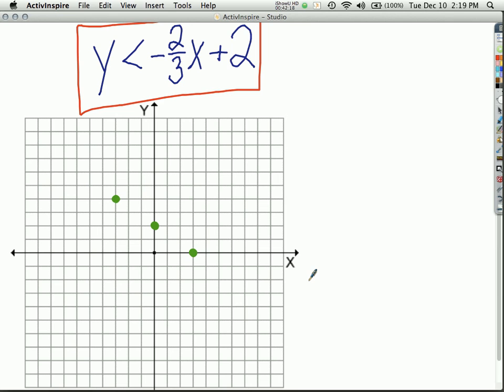Are we going to use a dotted line or a solid line? Shannon? Are you sure? What did you think, Sebastian? Dotted or dashed? Why? Yeah, the symbol doesn't have the or equal to, so that means we use a dashed or dotted line.